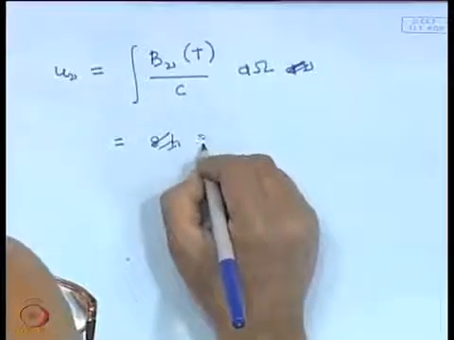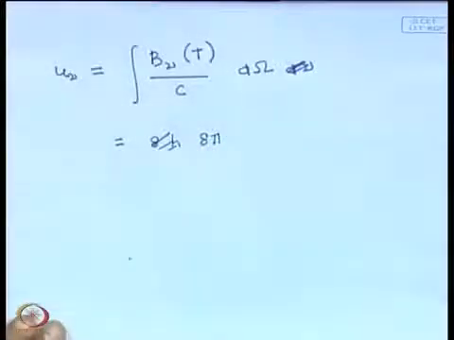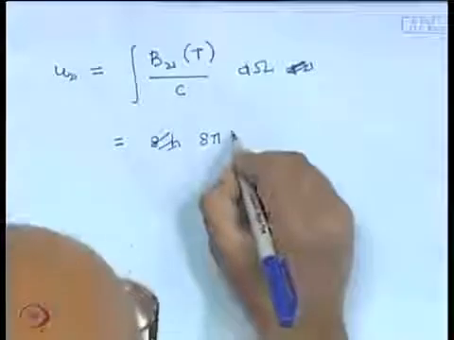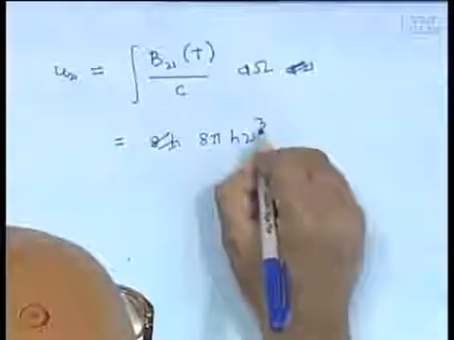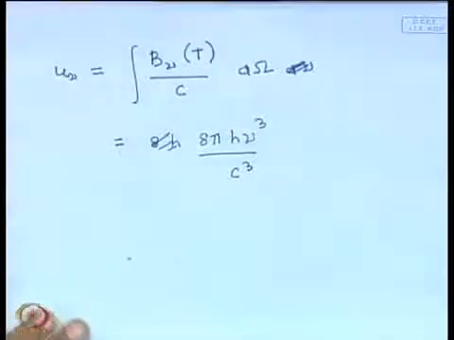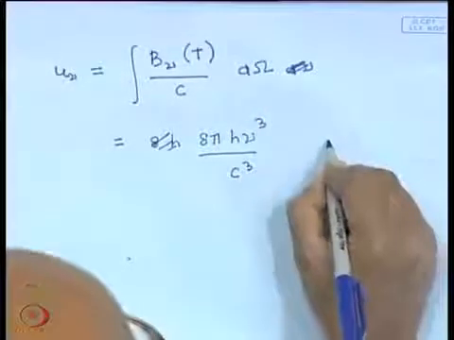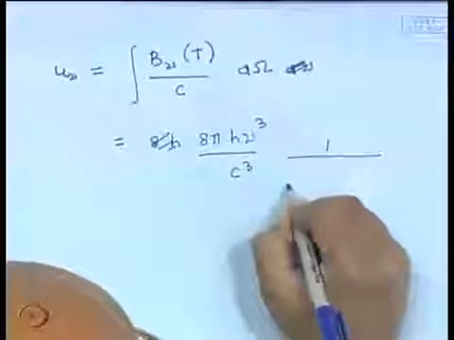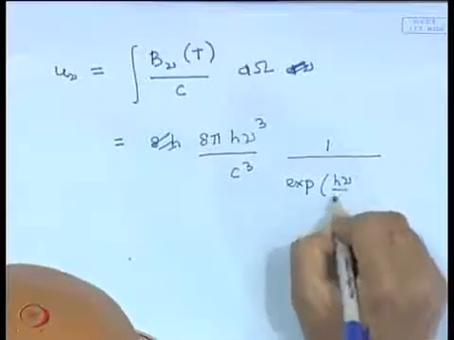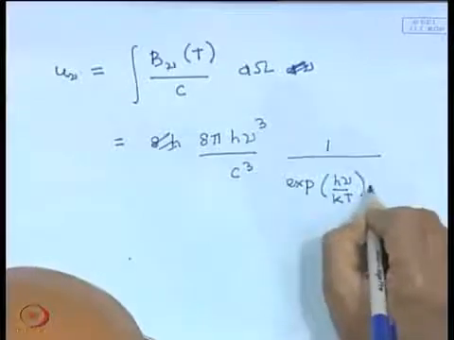So, I have 8 pi, I am just multiplying this with 4 pi, and here I have h nu cube by c cube into 1 by exponential h nu by k T minus 1.